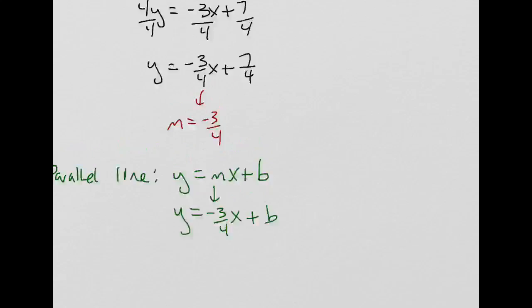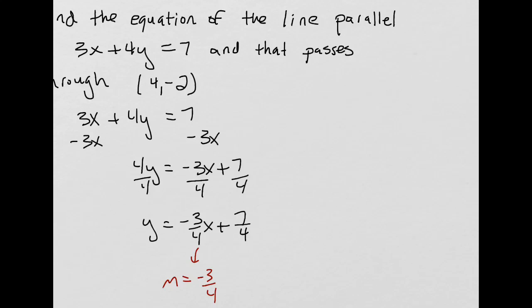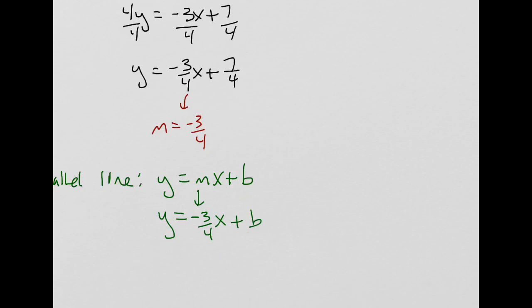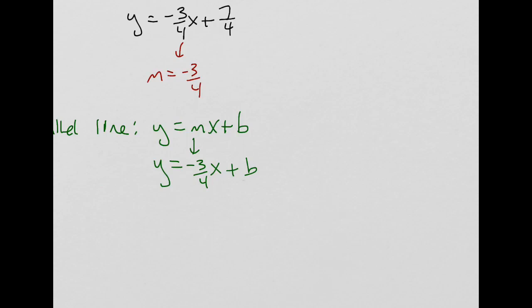And then we know from the given information that our line also passes through this point 4, negative 2. 4 is an x value, negative 2 is a y value. So we can plug 4 in for x, we can plug negative 2 in for y, and that's going to help us to figure out the b value.